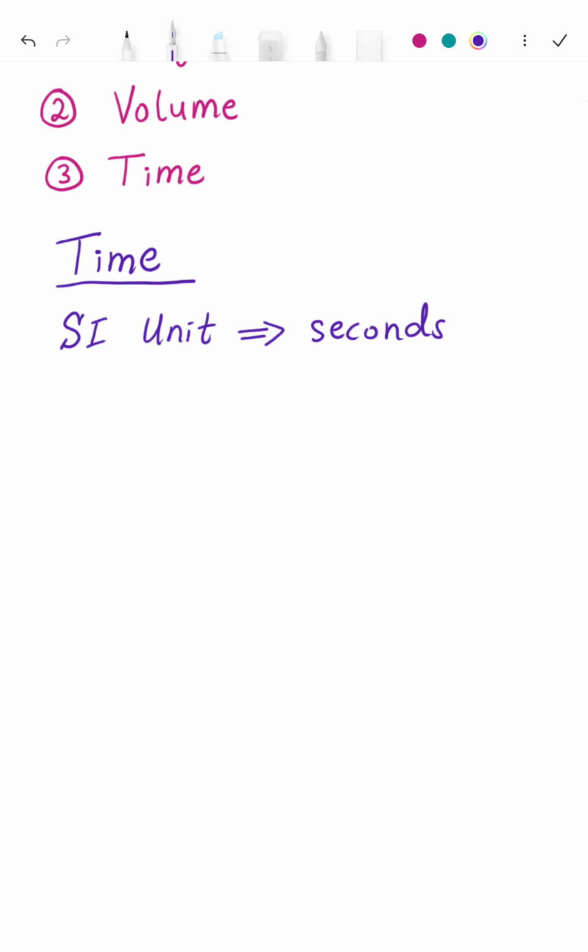Although we know that time can be measured in a number of units, for example, minutes, hours, days, months, or years, the standard international unit which we use for calculations for time is seconds.